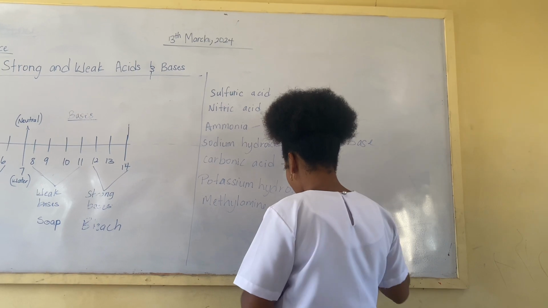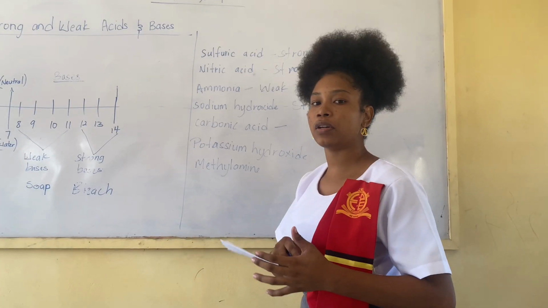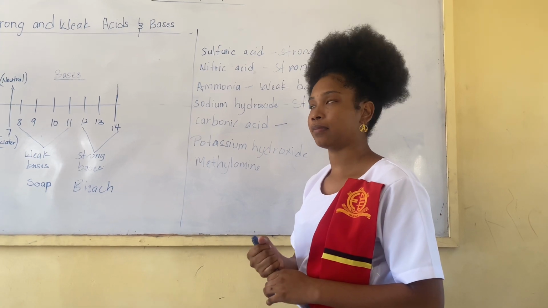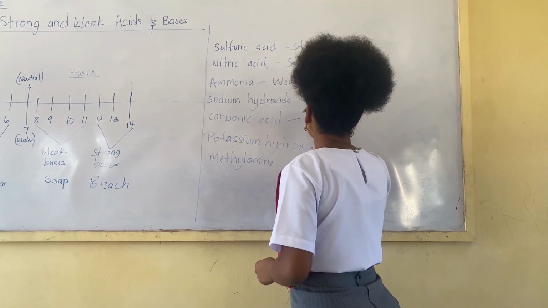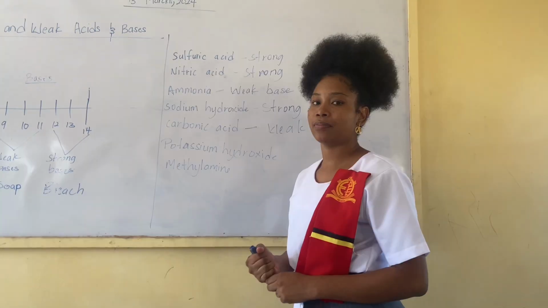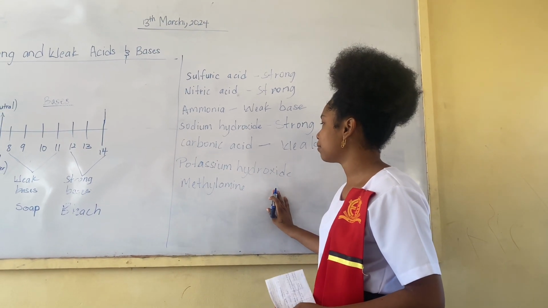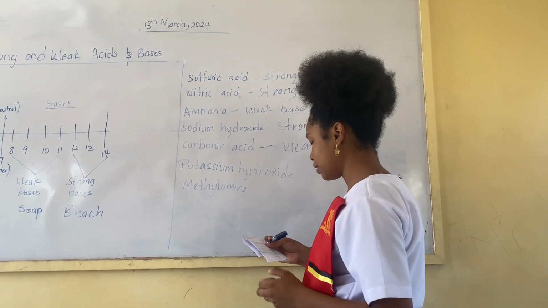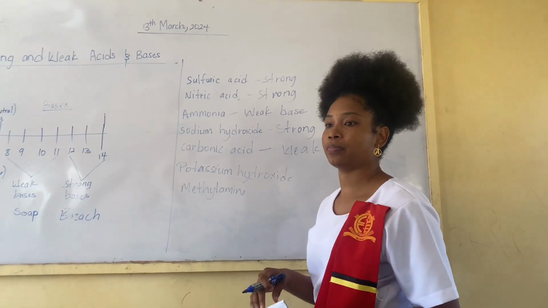Then we have carbonic acid. Is that a strong acid or a weak acid? Okay, so it is a weak acid. Now we are at potassium hydroxide. Is this a strong or a weak base?